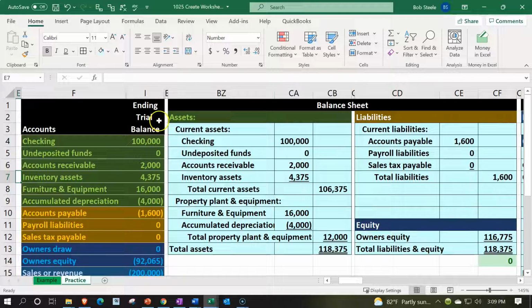But just the ability to convert is, I think, as streamlined as it can be if you set up your trial balance in this format, allowing you to pull your information directly from the trial balance, allowing you to double check each section as easily as possible with the most simple type of formats as possible.